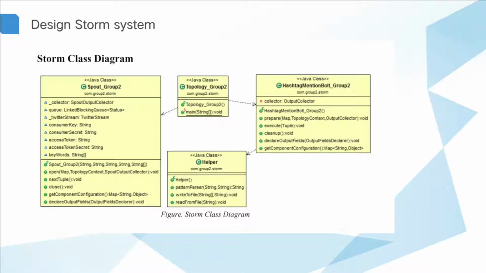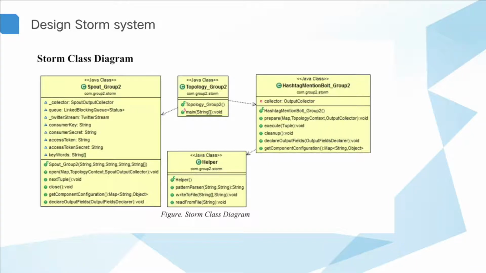We also set the keywords area that we can use for searching some specific tweets related to those keywords. And in the spout class, we define the source of our tweets. And we will post the tweet by using the parameters passed from the topology class. And we will pass the tweet into the bolt class for the next processing.